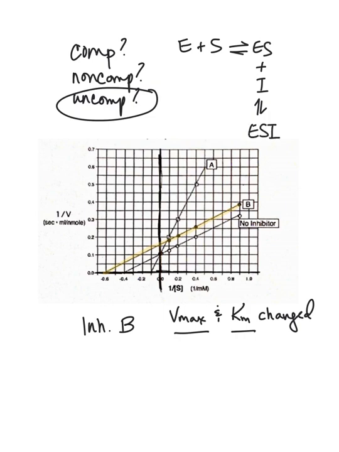Can't bind the enzyme, can only bind the ES complex. And since you know from the graph that this is an uncompetitive inhibitor, then you would know that this is the reaction mechanism.